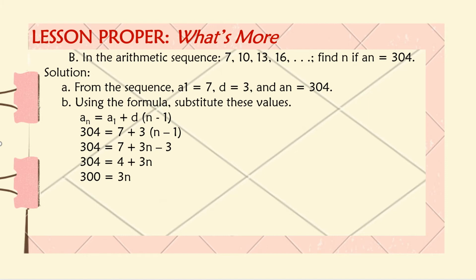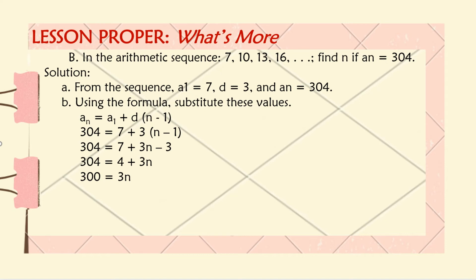So, mag-add din tayo dun sa left side ng negative 4. That's why 304 plus negative 4, so that is 300. Okay, so we have 300 is equal to 3n.